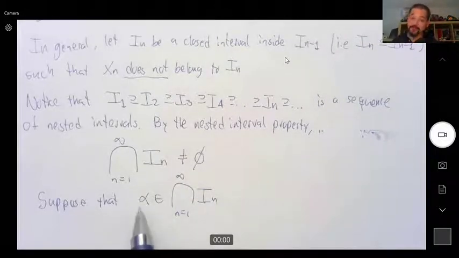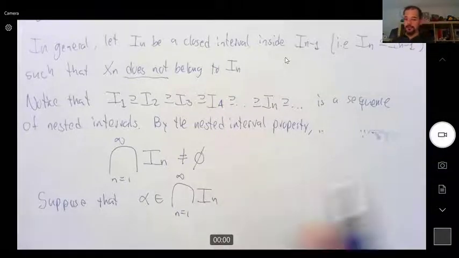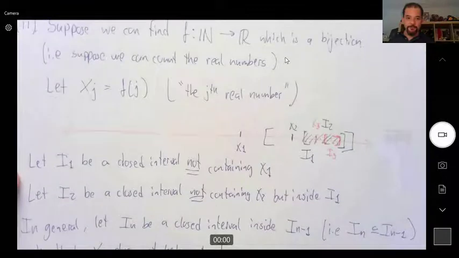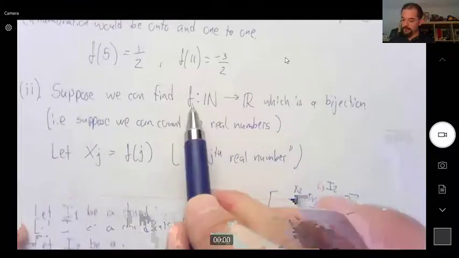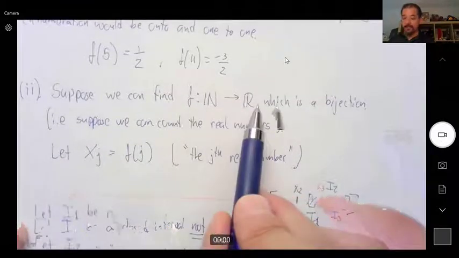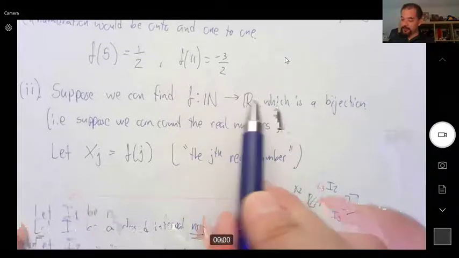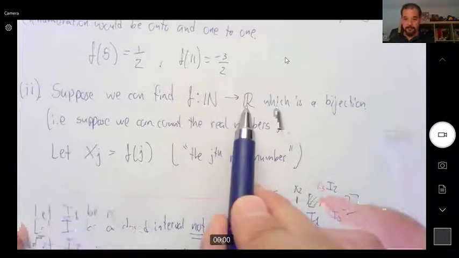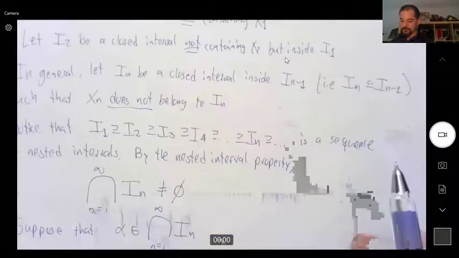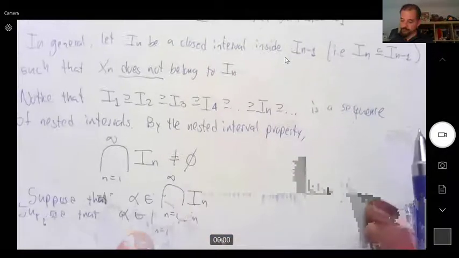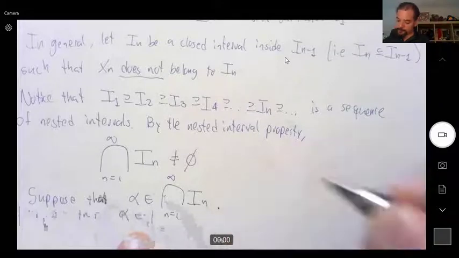Because this alpha is a real number, right? And because it's a real number, and we started with a function f, where is it? Right here. See, f is a bijection. A bijection means that any real number receives an arrow, right? So this guy must receive an arrow from someone, right?